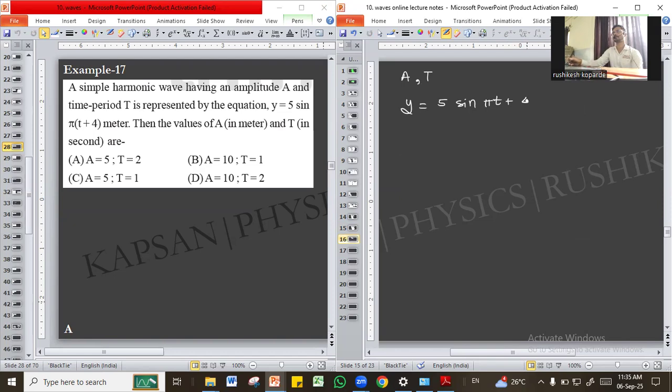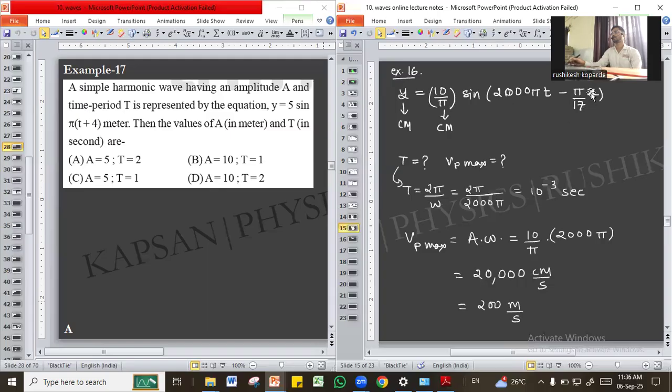So take the pi inside, in 4 pi meter, amplitude is in meter, this time period or T is in second. Okay, everything is in standard units, so no problem. What are A and T? Basically this is not the equation of a wave, this is what? Equation of oscillation. So why are they calling this the equation of wave? What they might have done is they might have fixed the position.